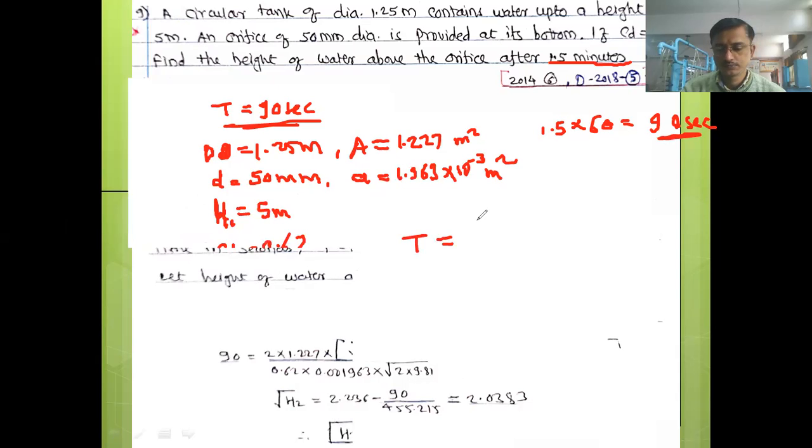T is equal to, who will tell? A upon Cd into small a, into what?